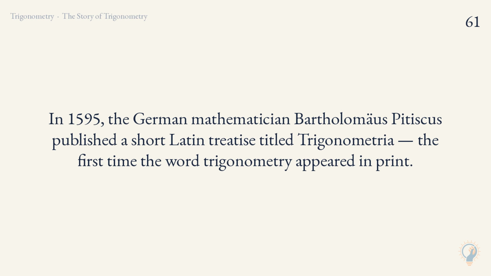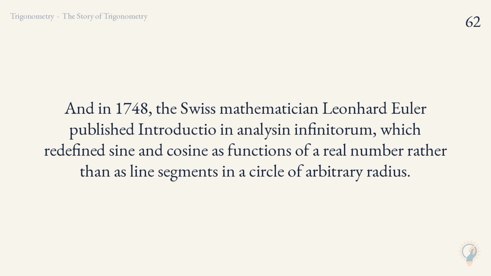appeared in print. And in 1748, the Swiss mathematician Leonhard Euler published the Introductio in Analysin Infinitorum, which redefined sine and cosine as functions of a real number rather than as line segments in a circle of arbitrary radius.